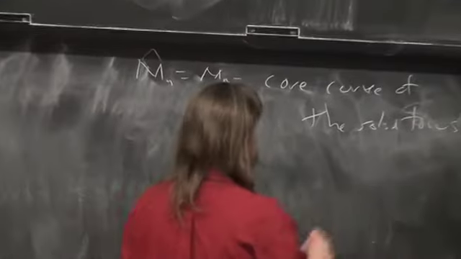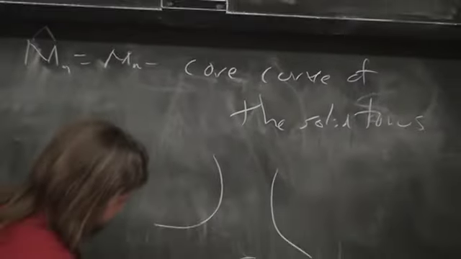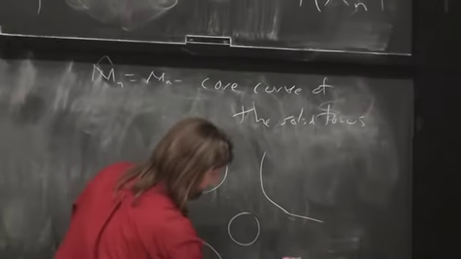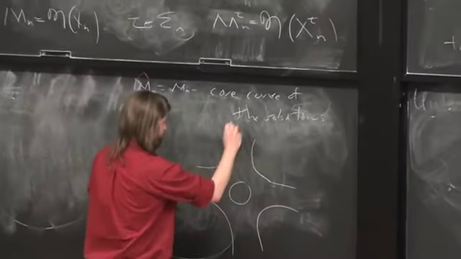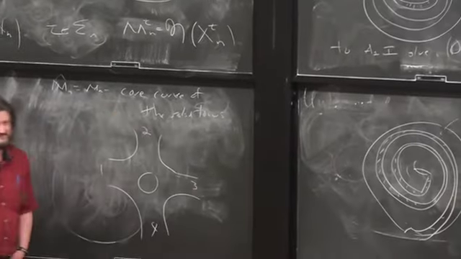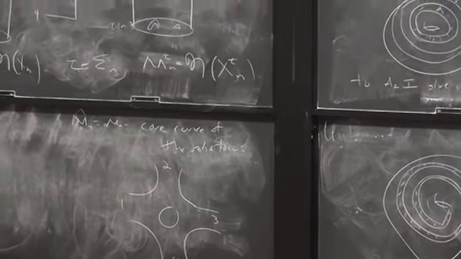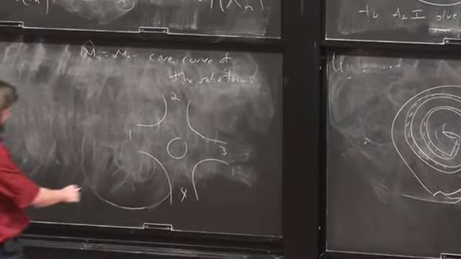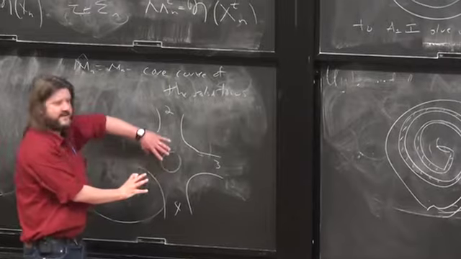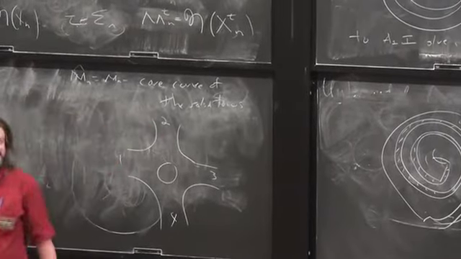My schematic for that is going to be this, where I label them 1, 2, 3, 4. Okay, that's my schematic. I've removed the core curve, and now instead of having a solid torus, I have this thickened torus. So imagine taking this picture and rotating it around in a circle.